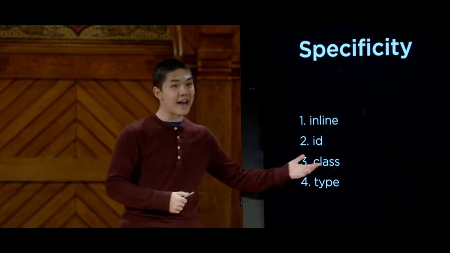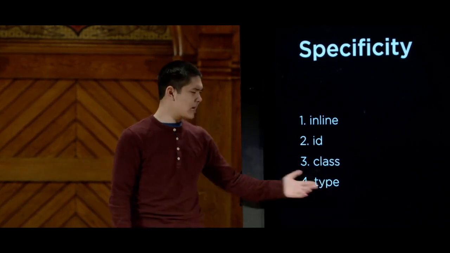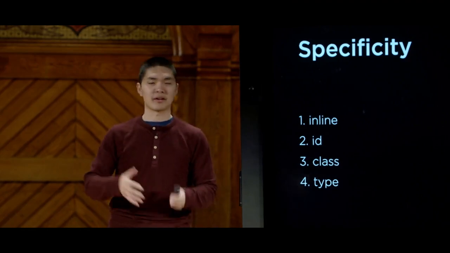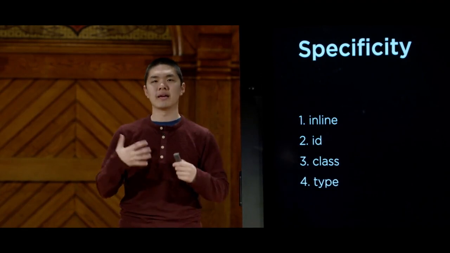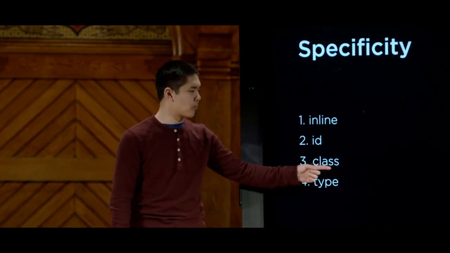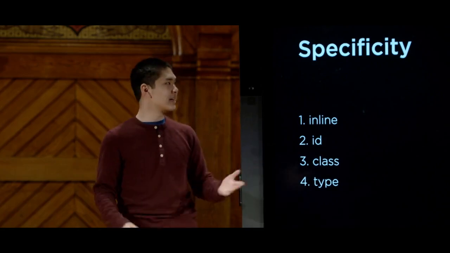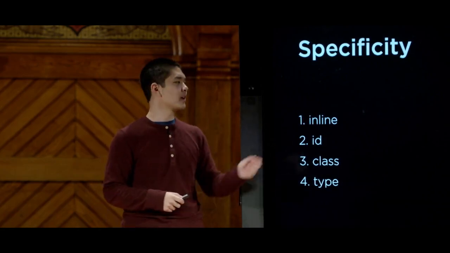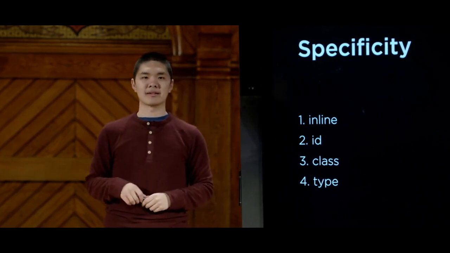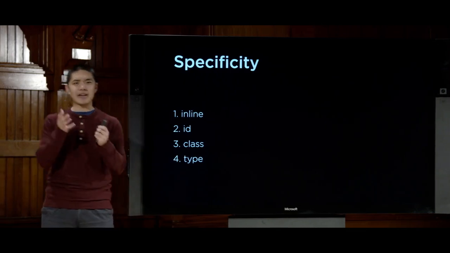And if so, then that takes next precedence. And otherwise, we fall back to what type of HTML element it is. Is it an H1? Is it an ordered list? Is it a table? So in short, the type is the least specific, class is slightly more specific, ID is more than that, and the most specificity we can provide is by literally putting the CSS in line with the HTML element itself.